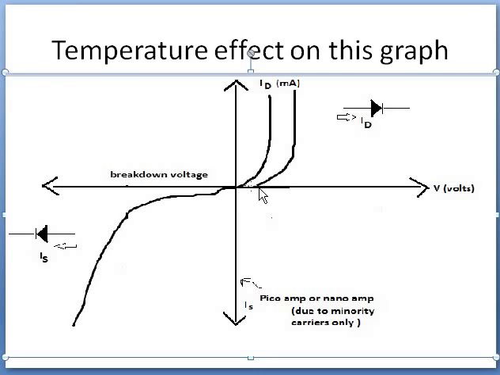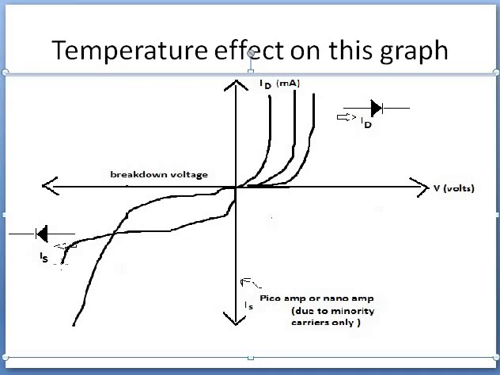It conducts, the knee voltage is shifted to the left. It's shifted to the left. And if it's too cold and winter and chilly, then it takes more time to start conducting. It's shifted to the right. The curve is shifted to the right.